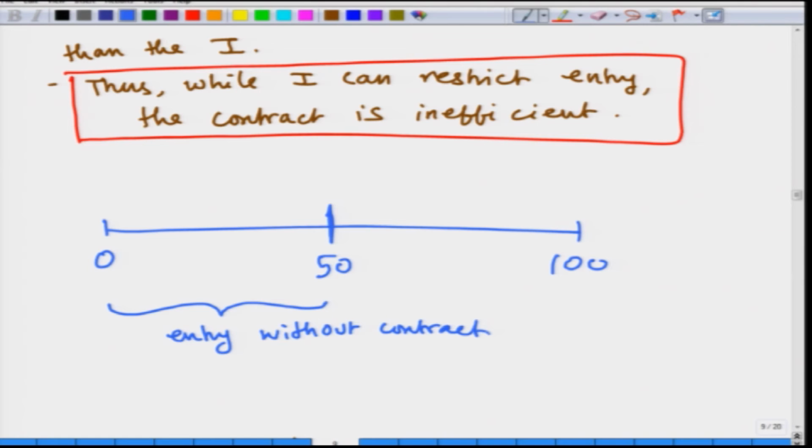After the contract is signed, only entrants between 0 and 25 can enter. So, in particular, there is this zone of entrants who are more efficient than the incumbent, still they cannot enter.